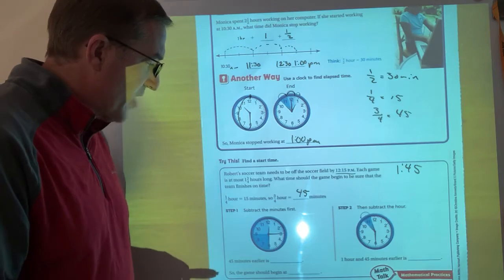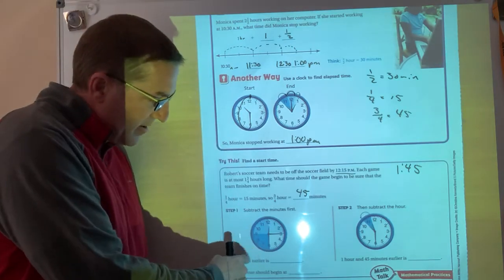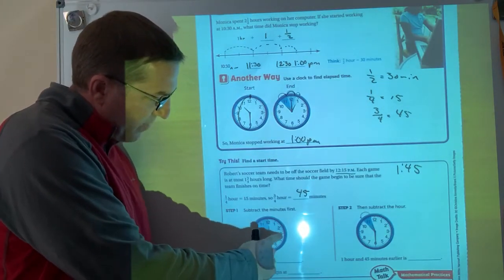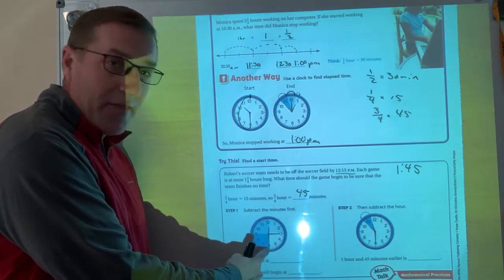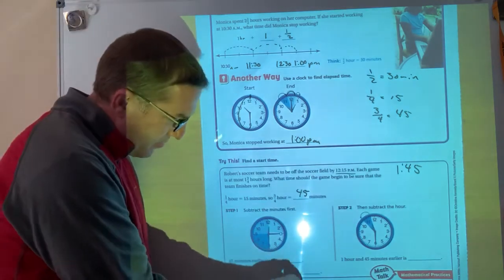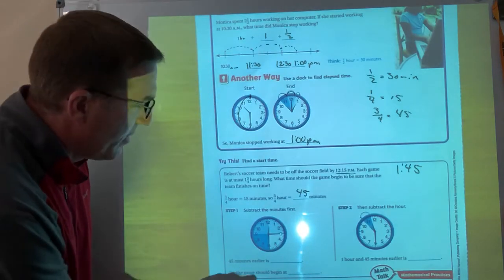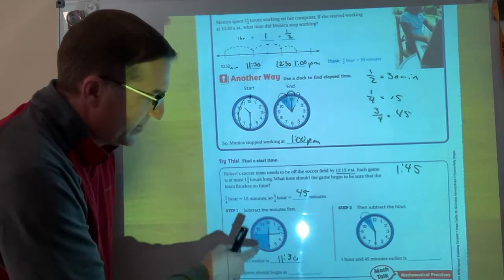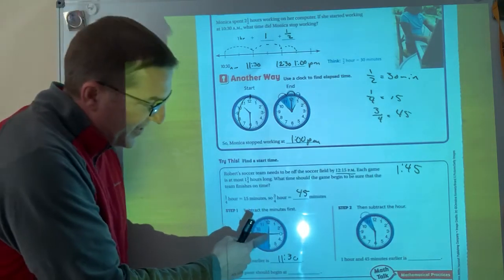So you could subtract the minutes first, so they gotta end at 12:15, and so I'm gonna go from here, I'm gonna go backwards 45 minutes, and that puts me at a 30 time, right? So I'm gonna put a 30. 45 minutes earlier than that is gonna be 11:30, right? So I'm at 12:15, sorry, 12:15.